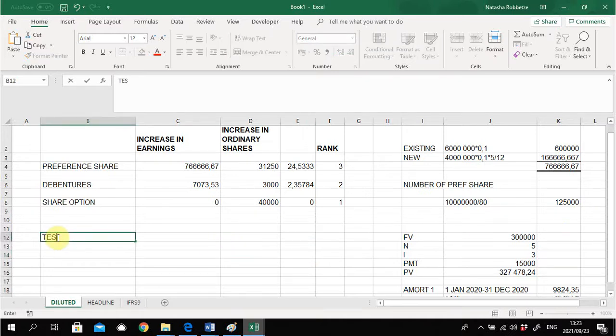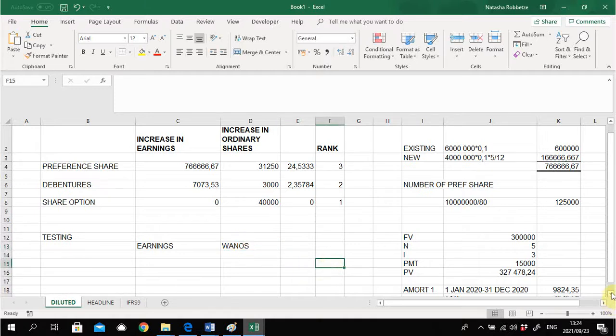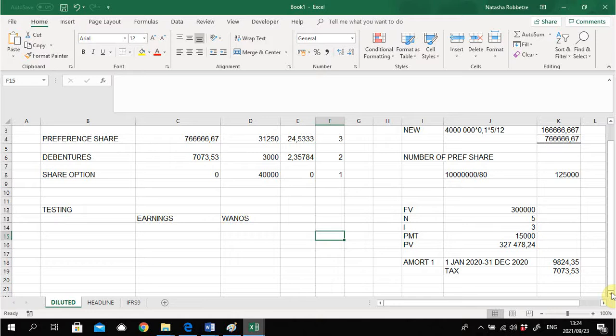For the testing, we're going to start with basic earnings. So we have earnings and we have our weighted average number of shares, or our ordinary shares. In this instance, there weren't any elements given in the additional information that affect the weighted average number of shares.